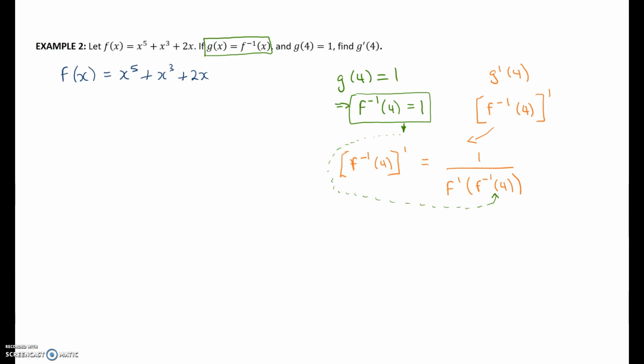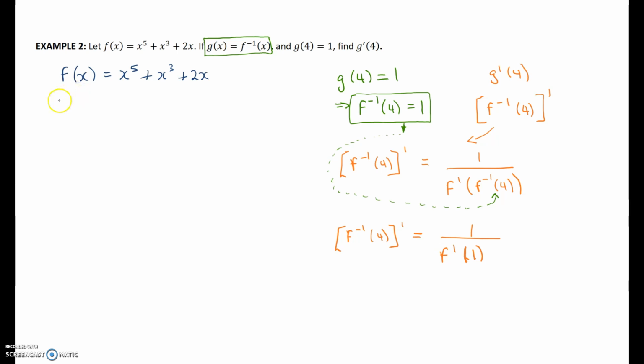So now it becomes a little bit simpler. We have the derivative of f inverse of 4 is 1 over f prime of f inverse of 4, and f inverse of 4 is 1. So it becomes 1 over f prime of 1. Now that's going to send us back over here. Okay, so you can see that we're almost working in circles here.